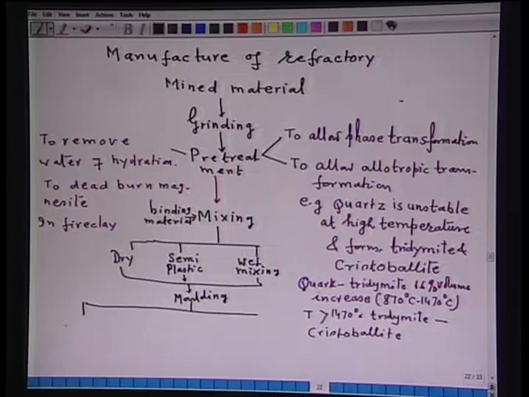You can have slip casting, or hand molding, or machine molding. Machine molding can be done either by extrusion or by pressurized de-airing.